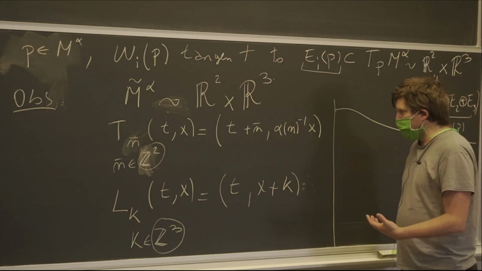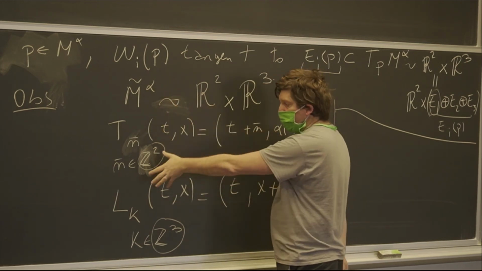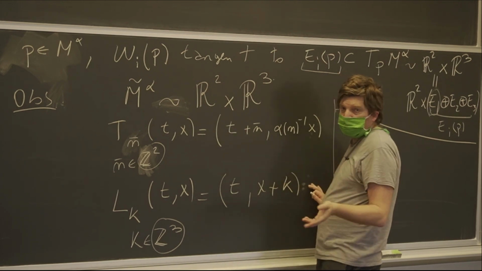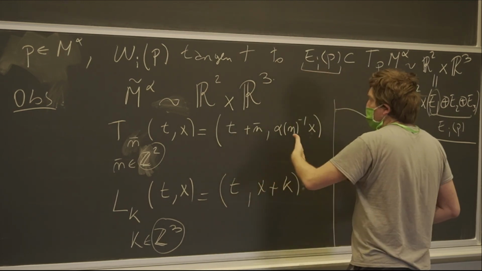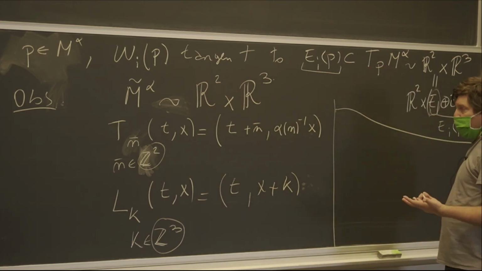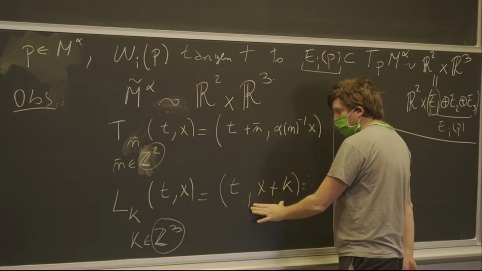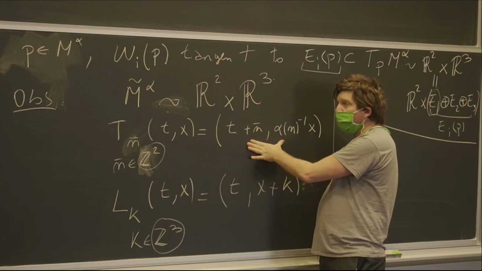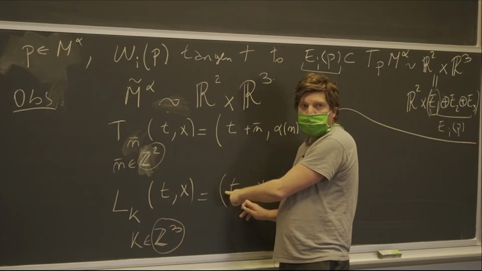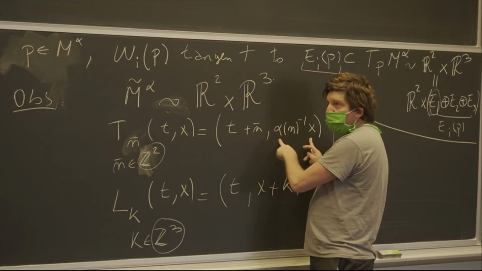And what is important is that you still have this group, which is the fundamental group of M alpha: put this transformation group together with this transformation group, and they form a group, which is Z squared semi-direct Z3. And this is the fundamental group of M alpha, which is not abelian, and more importantly, it doesn't act by isometries of R2 times R3. So these are isometries of R2 times R3, but those are not isometries. These are isometries in the second coordinate and also in the first coordinate, because you are doing nothing in the first coordinate. These are isometries in the first coordinate, but are not isometries on the second coordinate.